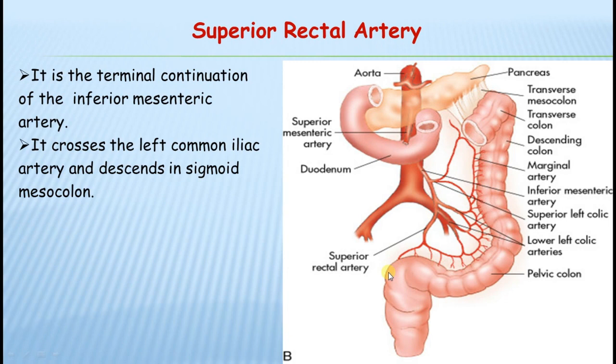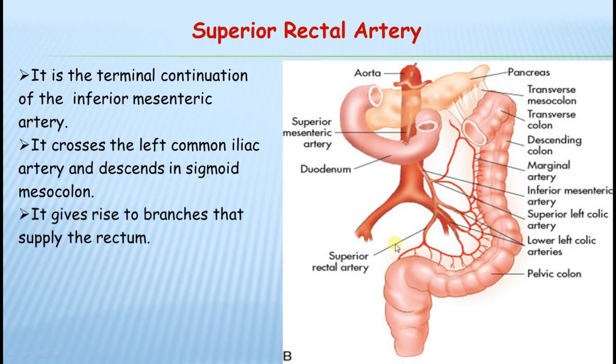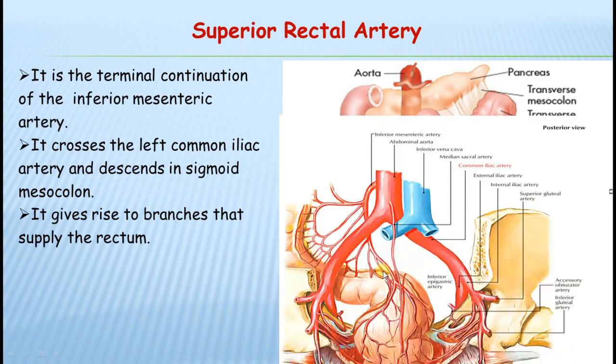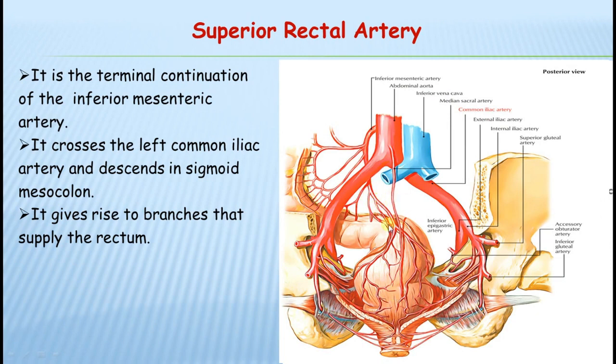In the ascending limb of the sigmoid mesocolon, it runs and gives branches to supply the rectum and anastomoses with the middle and inferior rectal arteries. So that is the superior rectal artery. You are able to see here, it is a direct branch from the inferior mesenteric artery and anastomoses with the middle and inferior rectal arteries.